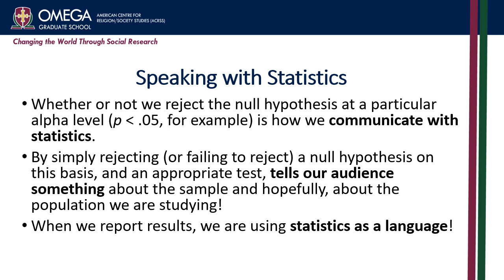By simply rejecting or failing to reject a null hypothesis on this basis, and with an appropriate test, we can tell our audience something about the sample and hopefully about the population we're studying. We're actually communicating something meaningful about the population through our sampling and statistical testing and hypothesis testing that is meaningful to the rest of the world. When we report results, we're using statistics as a language.